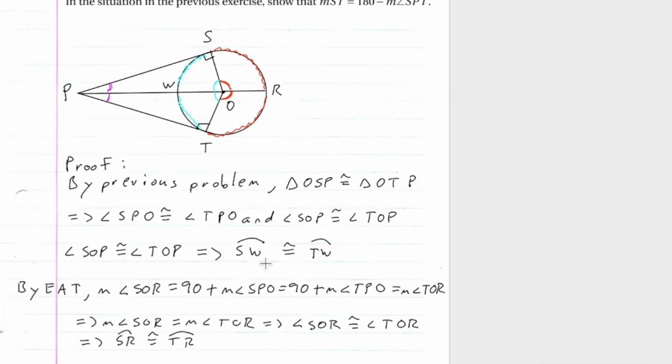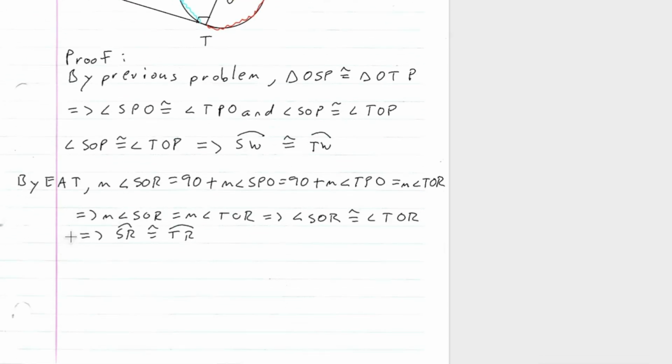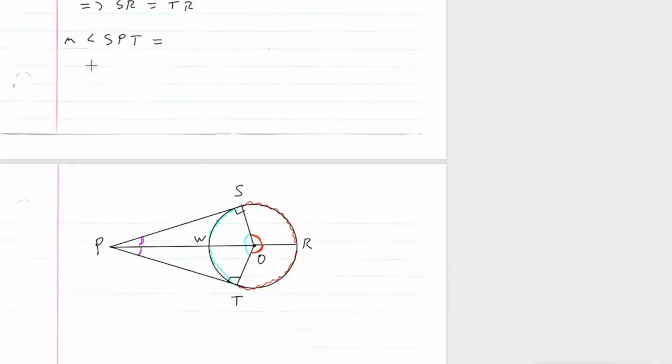Okay, so now I know the measure of angle SPT is equal to half of the measure of arc SRT minus the measure of arc ST, right?